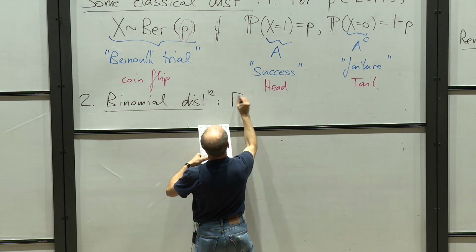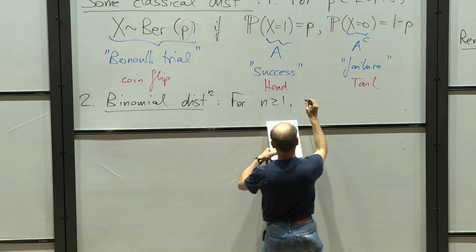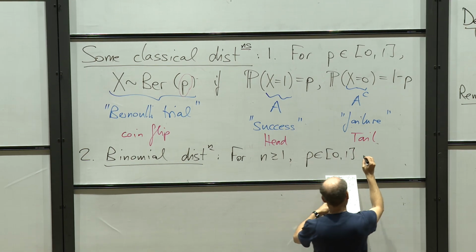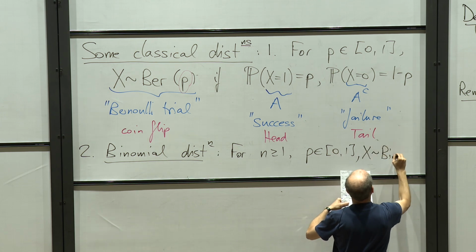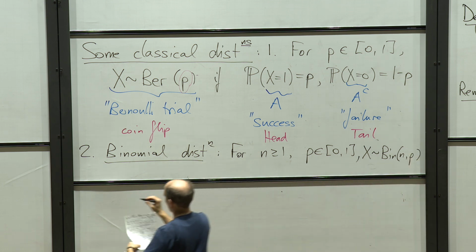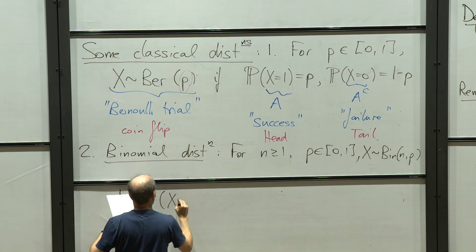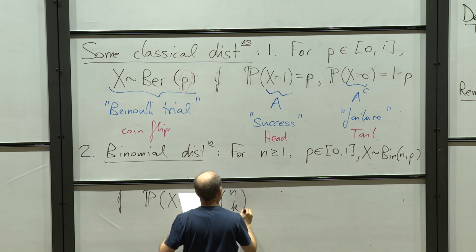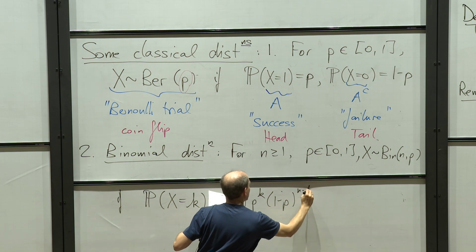We have two parameters, n and p, and we say x is binomial with these two parameters n and p if the probability that x is equal to k is equal to n choose k, p to the k into 1 minus p to the n minus k.